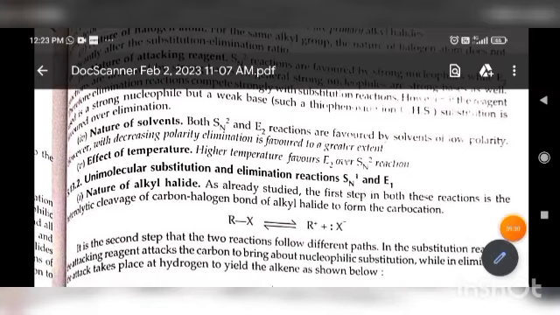Nature of halogen atom. For the same alkyl group, the nature of the halogen atom does not significantly alter the substitution-elimination ratio. Nature of attacking reagent. SN2 reactions are favored by strong nucleophiles while E2 reactions are favored by strong bases. In general, strong nucleophiles are strong bases as well.